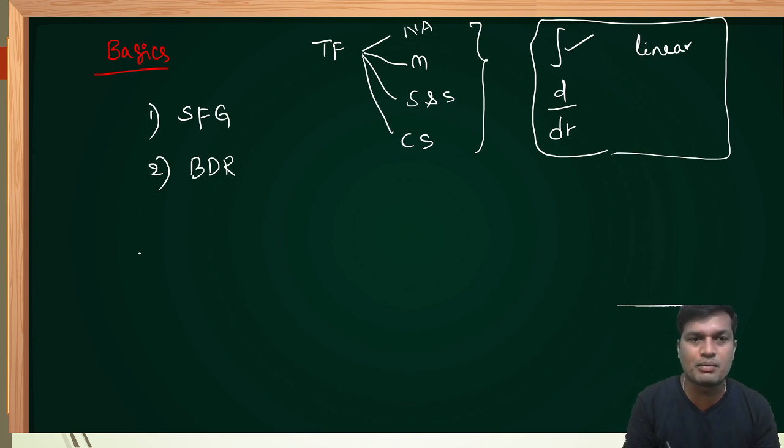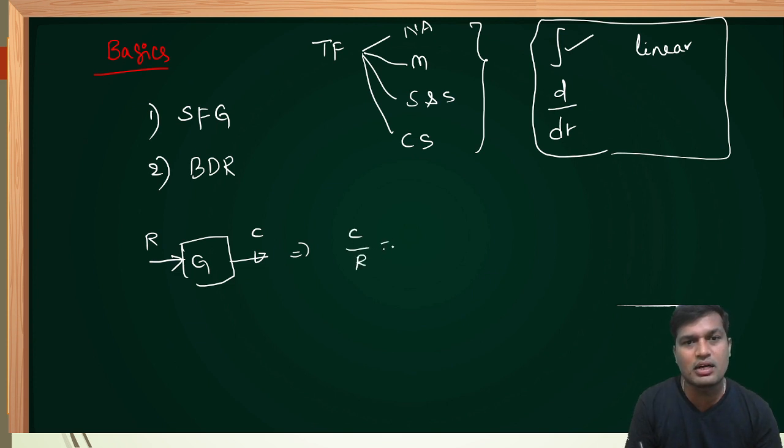Now, let me explain one more thing. When there is a simple block like this, once input of the block is known, output of the block is known, it is very easy to determine transfer function of this block. Let C by R equal to G. Let's assume one more block is connected in cascade to the previous.